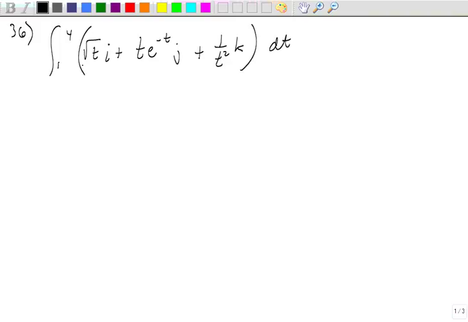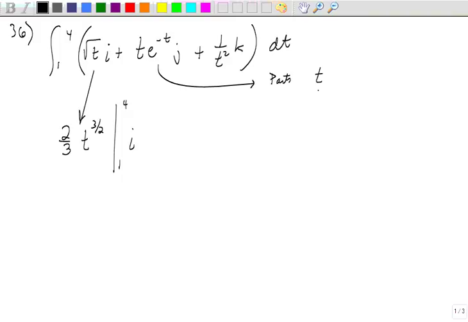Okay, 36. I'm just doing integration. Integrate each one separately. So the first one is going to be 2/3 t to the 3/2 from 1 to 4, i. This one, we're going to have to use integration by parts.